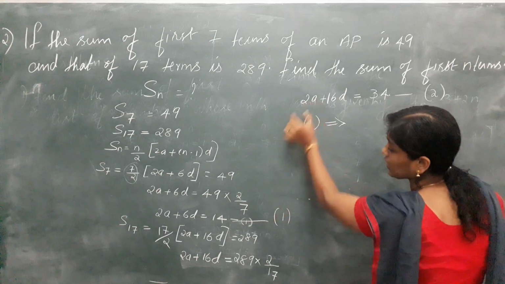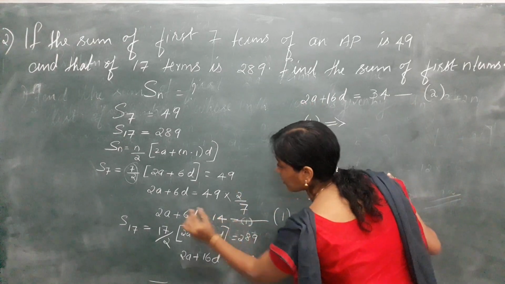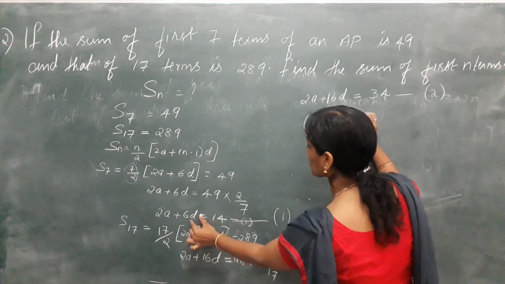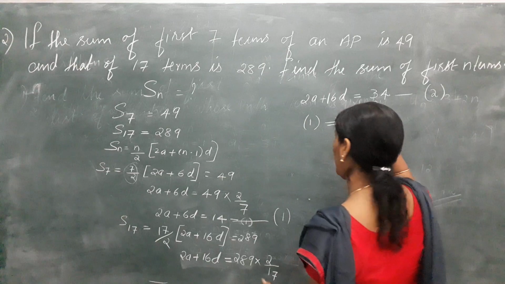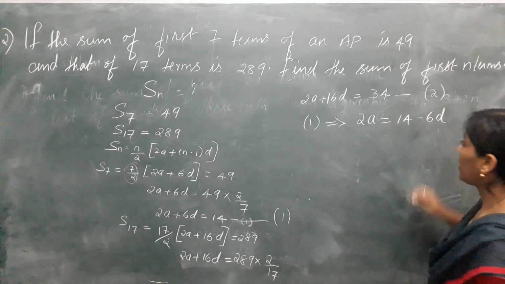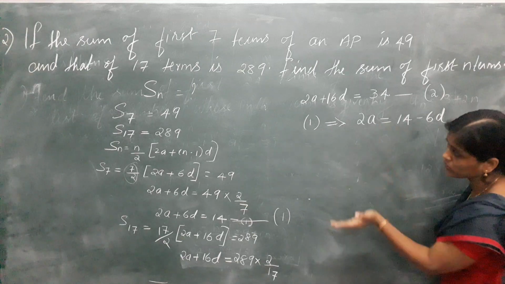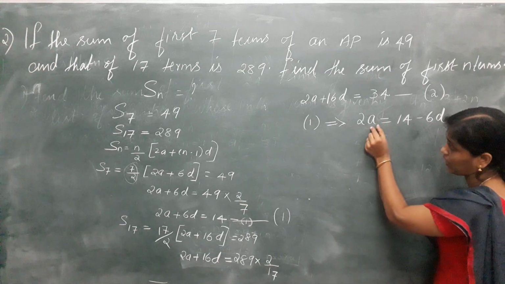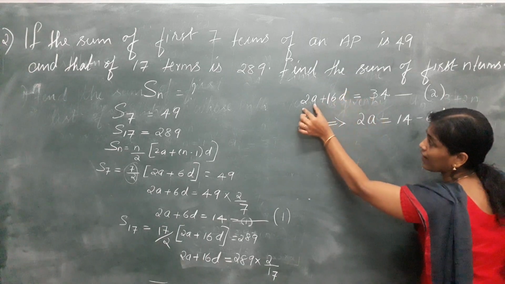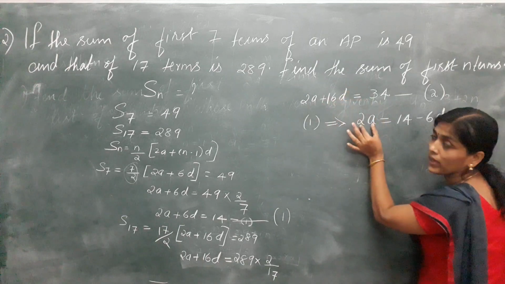Now I am going to take the first equation and write 2a in terms of d, which means equation 1 I can write as 2a equal to 14 minus 6d. In previous questions we took a alone, but here I take 2a itself because in the next equation I have 2a. So I am keeping 2a as such.